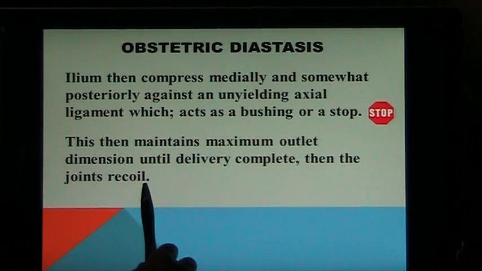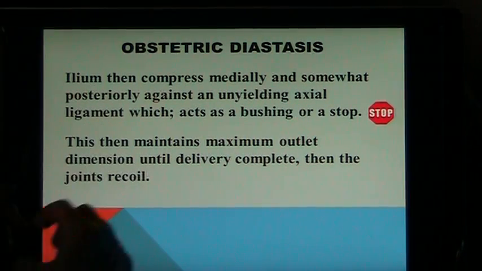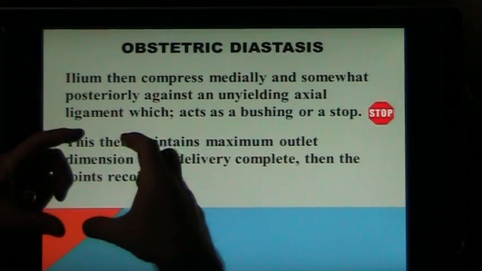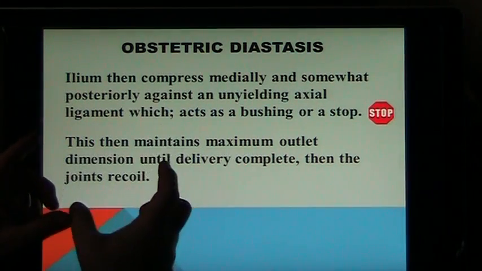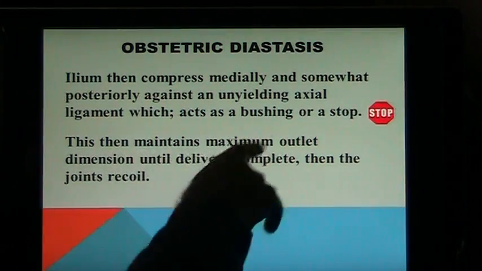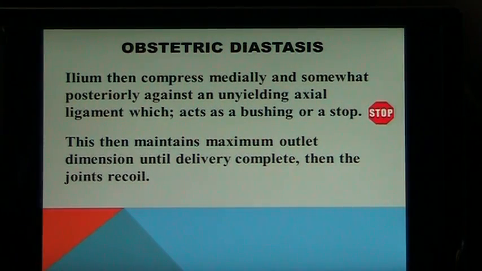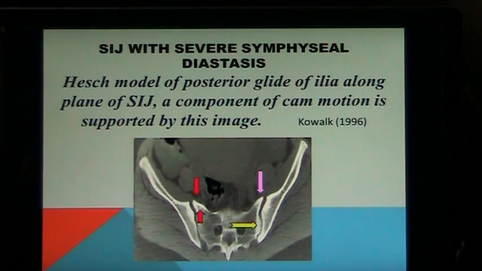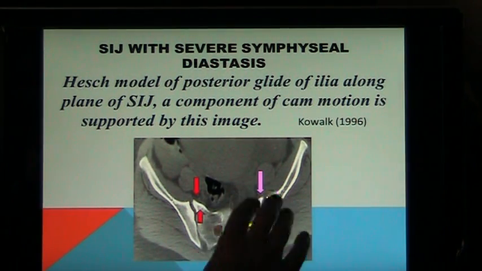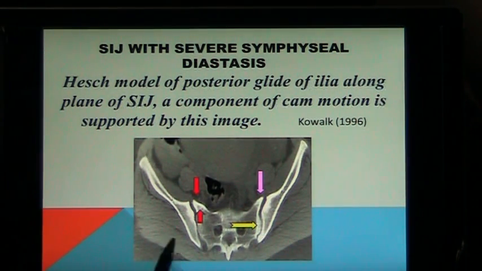Then the joints recoil. So what I'm saying is that when the pubic bones don't just come apart, that they go anteriorly in that cam type motion, that allows these mechanics, maximizes increased space. Again, you saw this earlier when I commented on it, and I showed that the SI joints were very much widened.